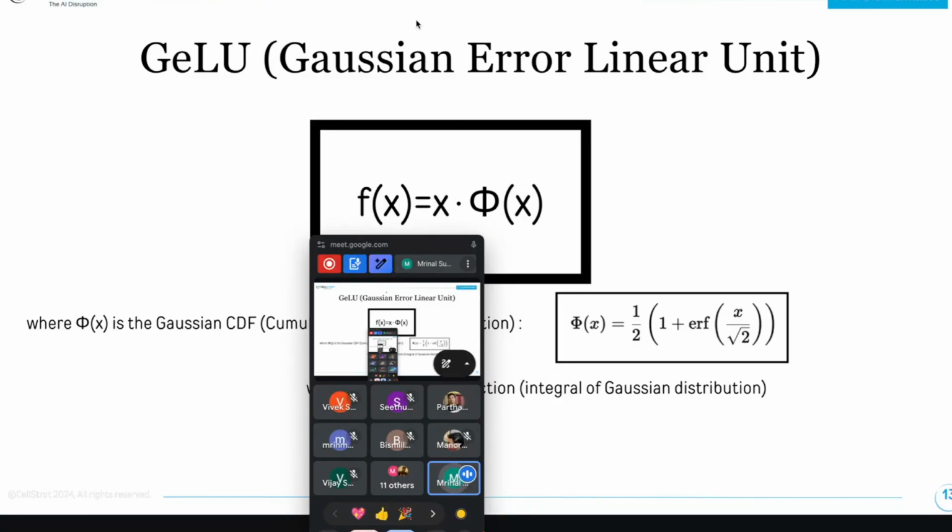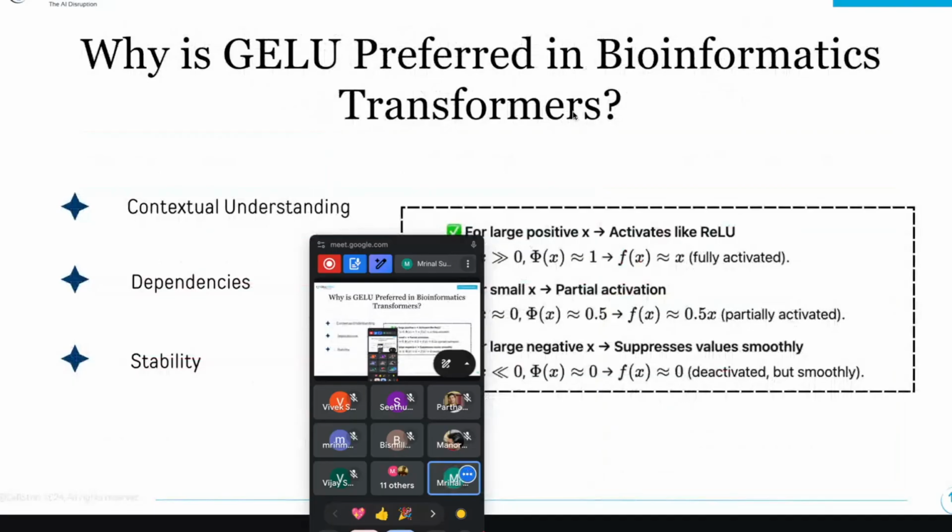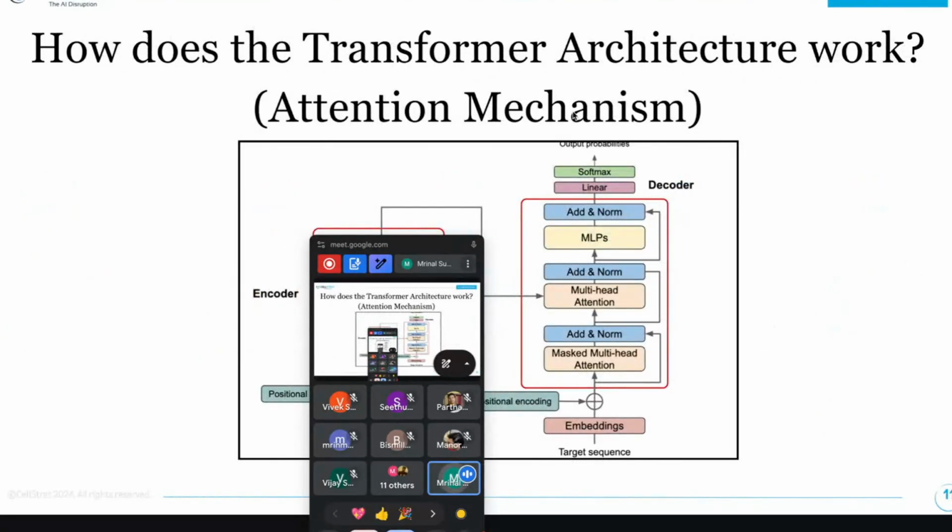Based on the data points that you feed, it is able to classify across 5 stages of cancer, from benign to malignant, and define that this particular data point is at the third or fourth stage of cancer, because the GLU activation function was employed. The results that came out of this transformer model, after the softmax layer and linear function, had an output probability of around 0.6 or 0.5. So I hope that makes sense.